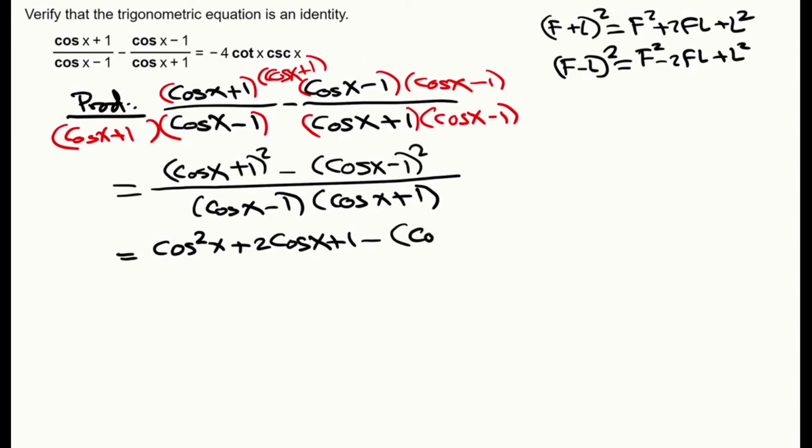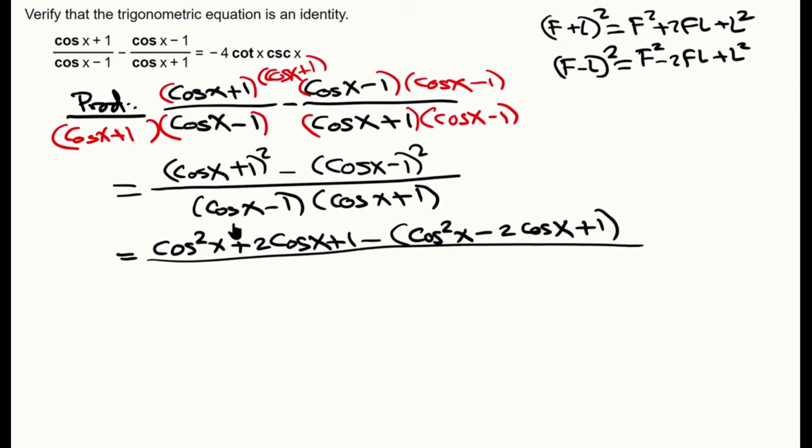So we end up with cosine squared x minus 2 cosine x plus 1. And all of that is going to be over this expression, which I realize from another algebraic identity for the product of two conjugates, which is going to give me f squared minus l squared. So we see that this is going to turn into cosine squared x minus 1.